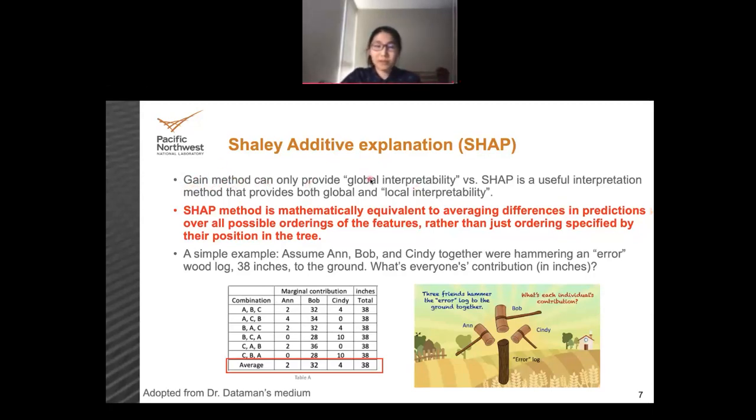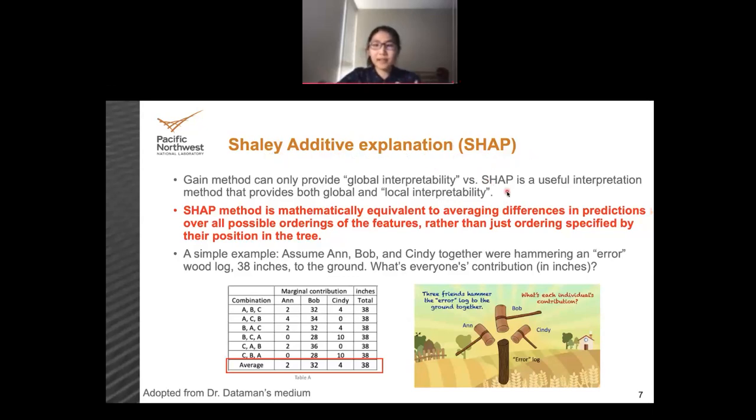Global interpretability here means that it measures the feature importance considering all the data in your data set. But if we want to know, for a single event, in our case a grid at a specific month, which predictors are important, we cannot get this type of information from the gain method. So that's why in this study, we use the Shapley Additive explanation, called SHAP.